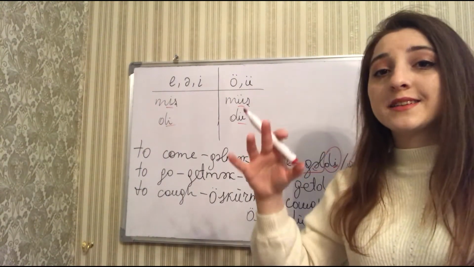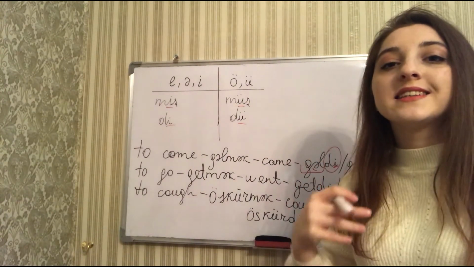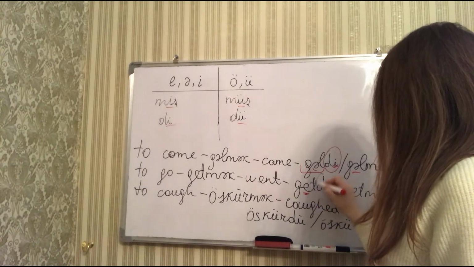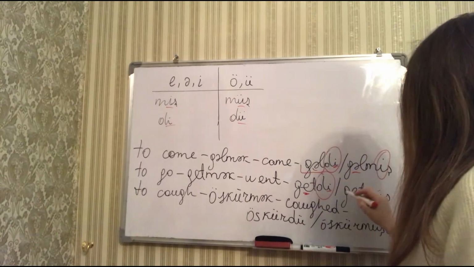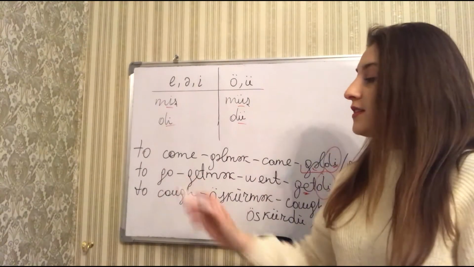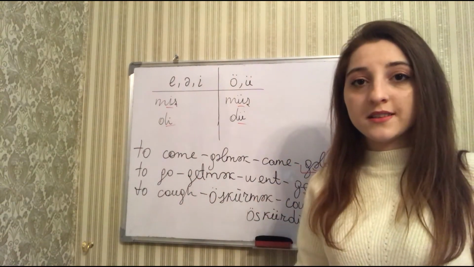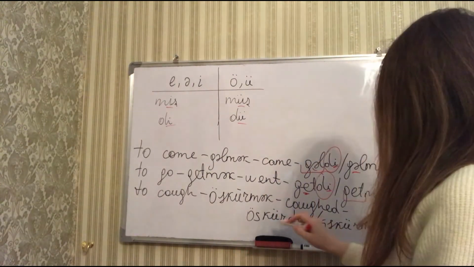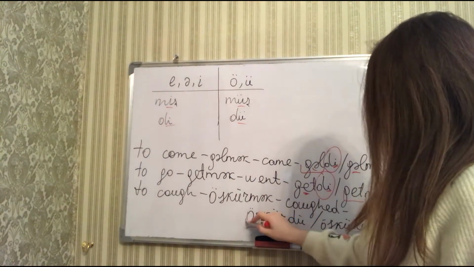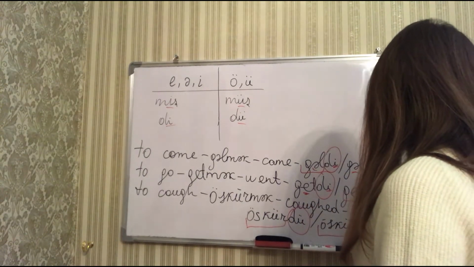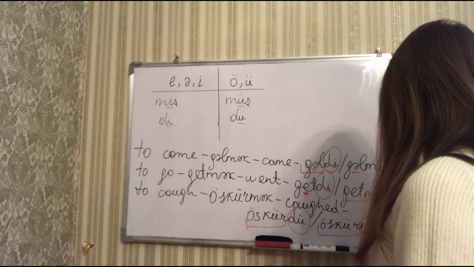This one, to go, gitmek. So, gitdi, gitmiş. This one, to cough, öskürmek. Öskürdü, öskürmüşdü.